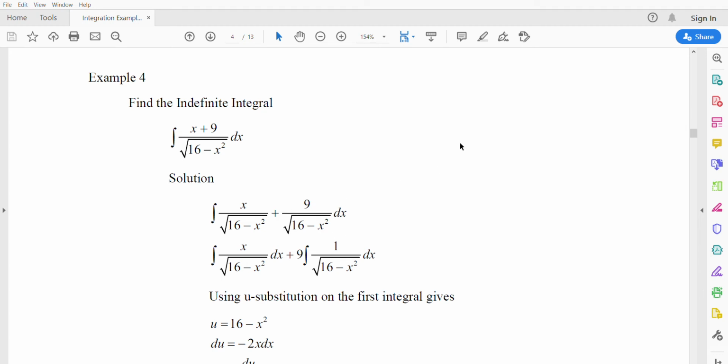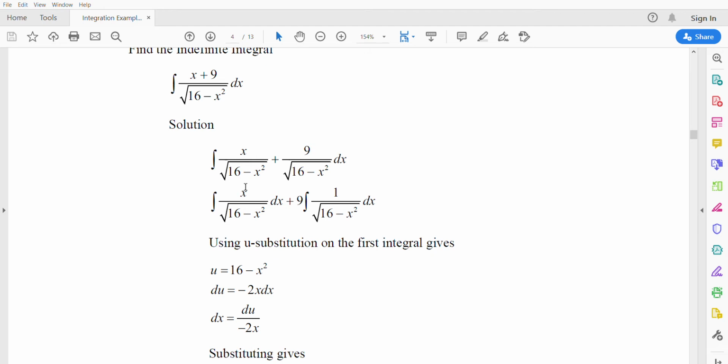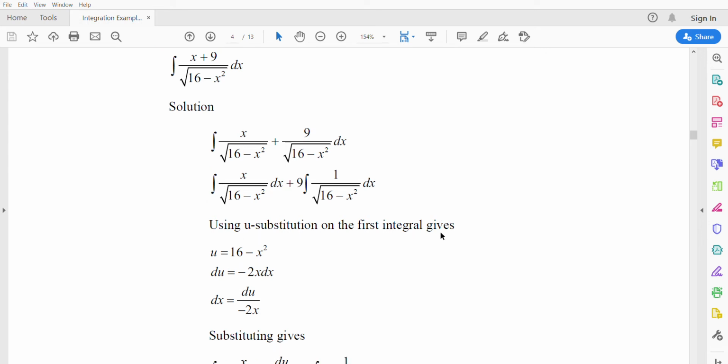This can be rewritten as two separate integrals. One of them is the integral of x over the square root of 16 minus x squared dx, plus 9 times the integral of 1 over the square root of 16 minus x squared dx. For this first integral, I'm going to use u substitution.